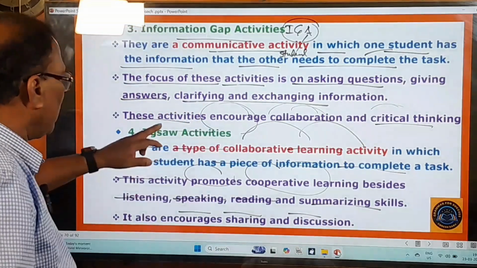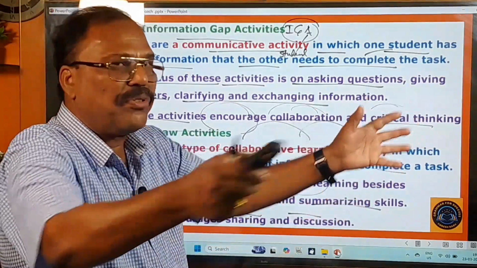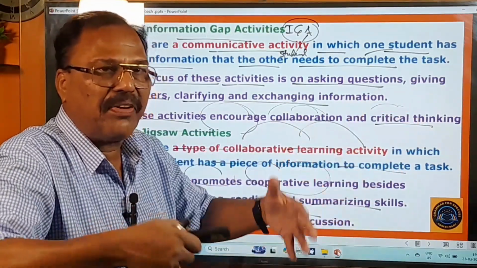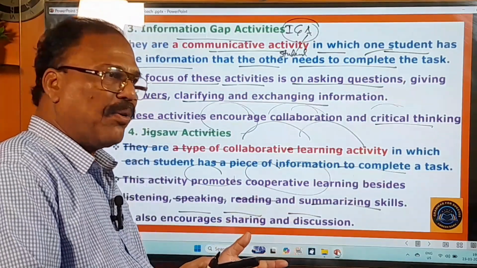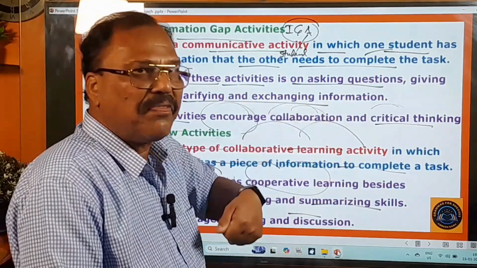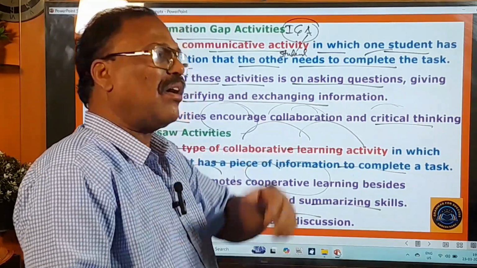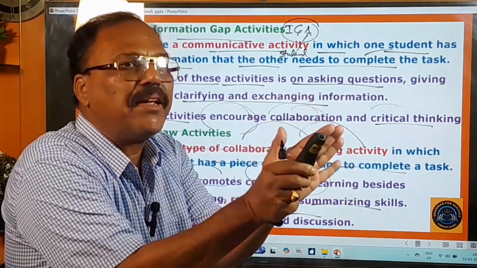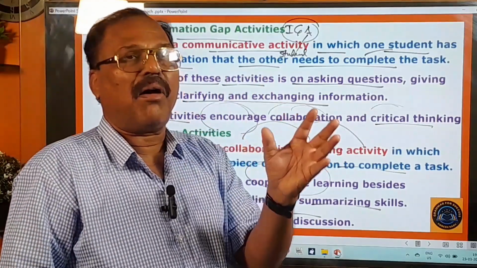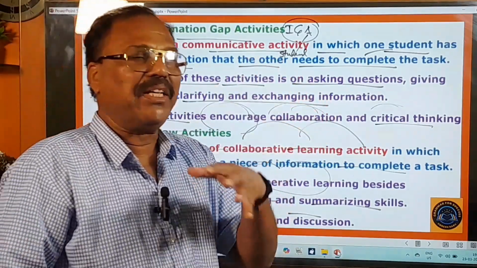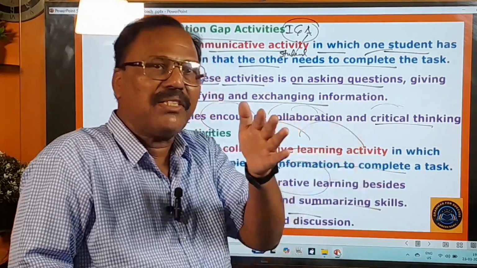Here, because 5 students are there, 5 students have different pieces of information with them, and now one student is sharing his information with others, the other student is sharing his information with other students. So this is called sharing. So through these activities, the students can learn all about sharing. Nowadays, sharing is nothing but caring, you say sometimes, so sharing is very important.